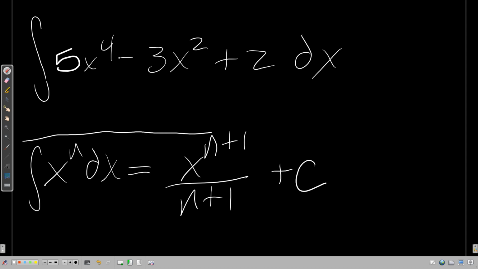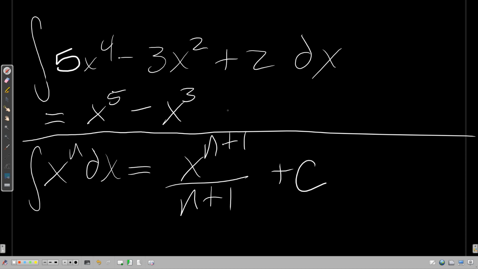So then our problem right here would just be 5 over, the new exponent is 5, so it's 5 over 5 x to the 5th, plus 3 over, or excuse me, minus 3 over 3 x cubed, plus, now this is an x to the 0 right here because x to the 0 is 1, so 0 plus 1 is 1.